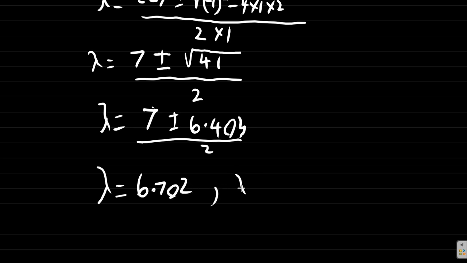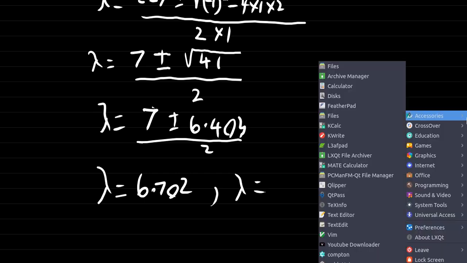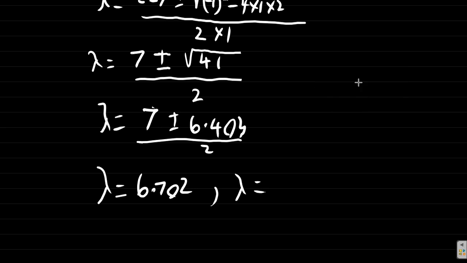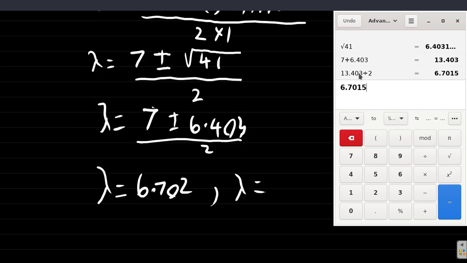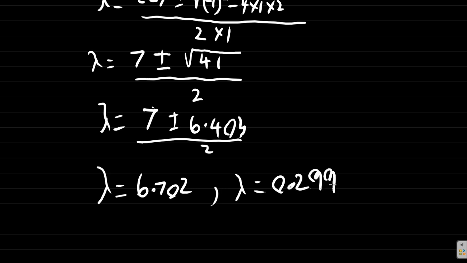6.702, and lambda is also equal to 7 minus 6.403, equals, over 2, equals 0.299.